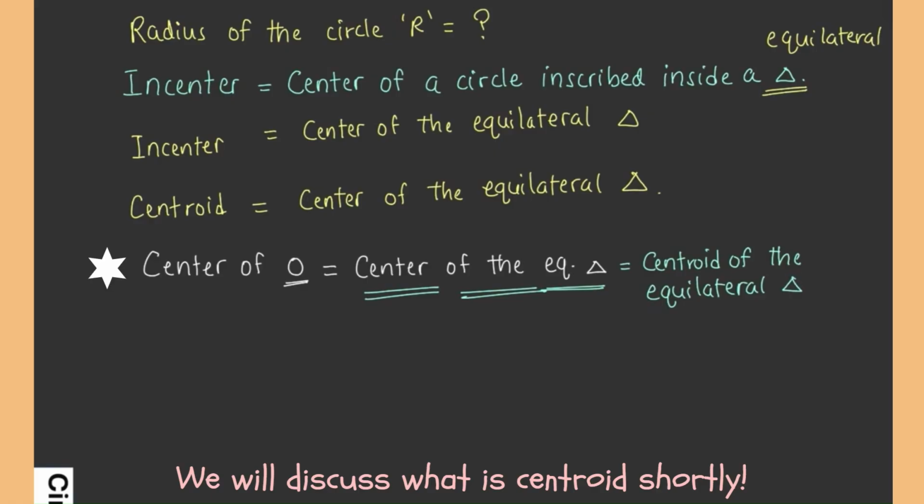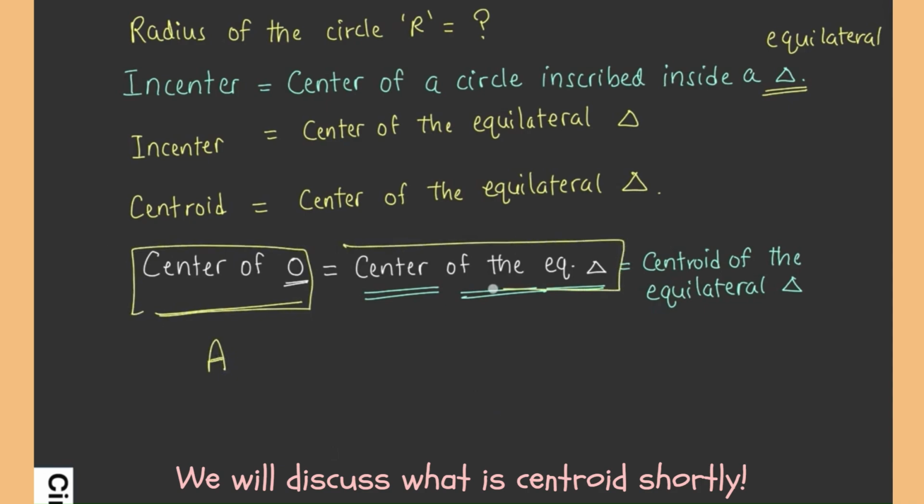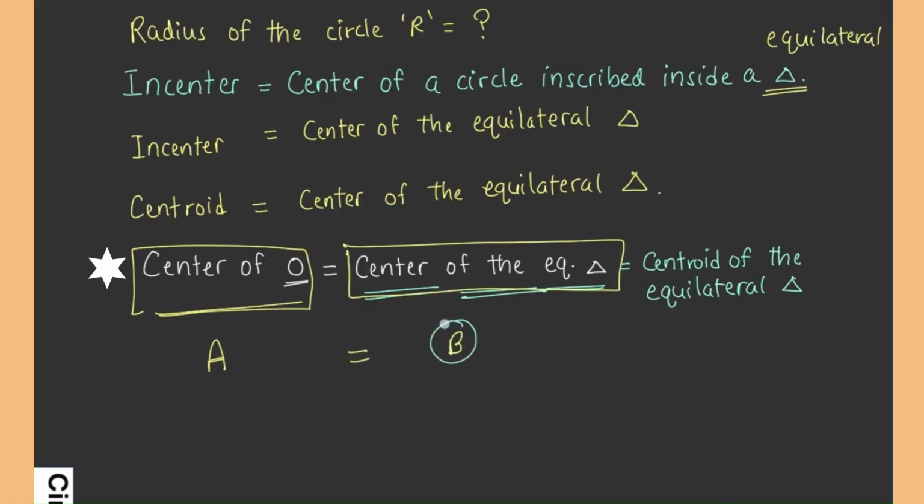So basically what we're saying here is that something here, let's call that A, is equal to whatever it is, let's call it B. And this B here is equal to something called C. So A is equal to B and B is equal to C. What does that tell us?